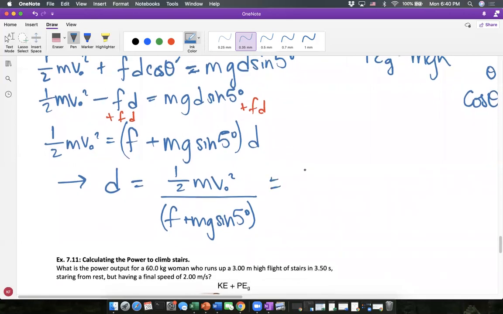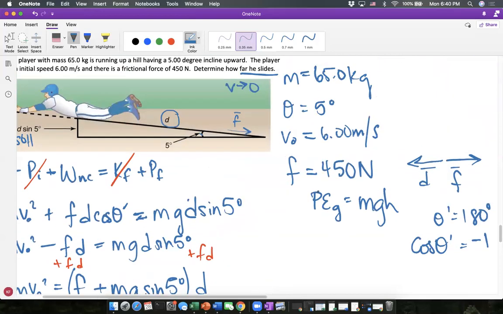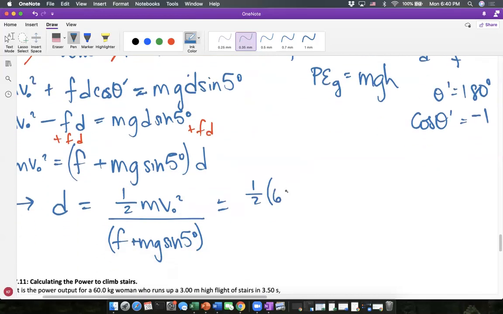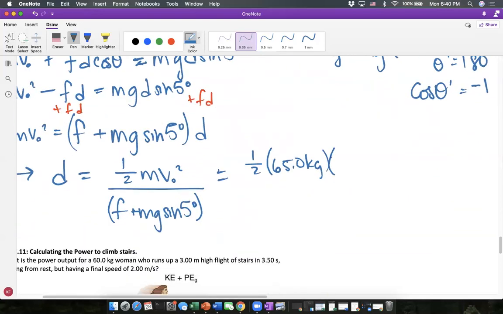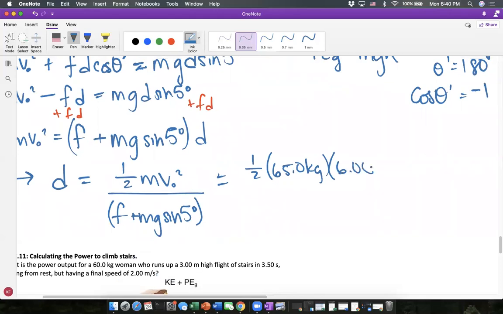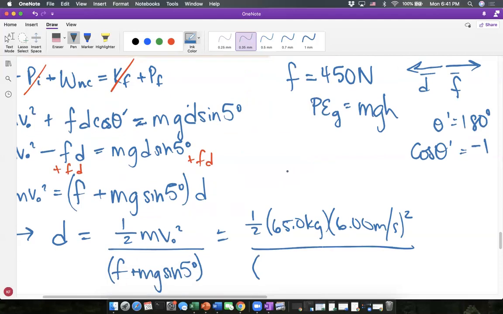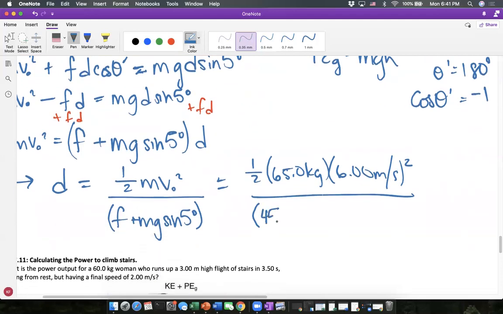We can go ahead and plug all of our values in. Our mass was 65 kilograms. Our initial velocity was 6 meters per second. Our frictional force is 450 newtons.